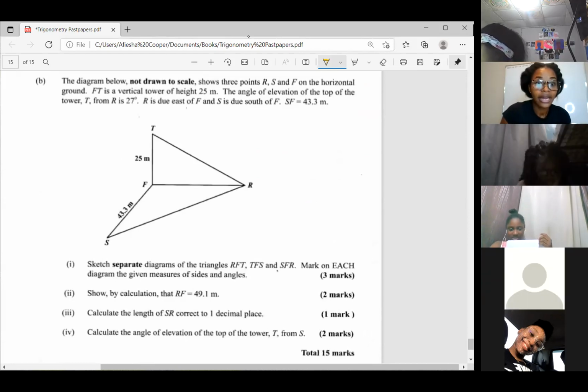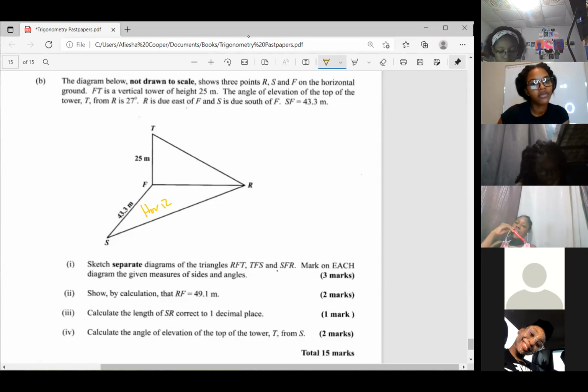RSF. Again, RSF. This is horizontal, right? So again, flat. FT is a pole. This is just like what we just did. A tower, 25. The angle of elevation of the top of the tower, T, from R is 27. So I'm thinking 27 is here, right?